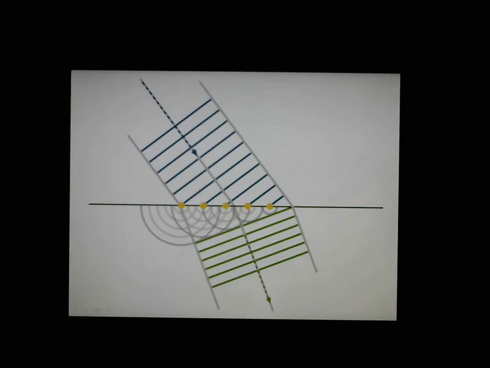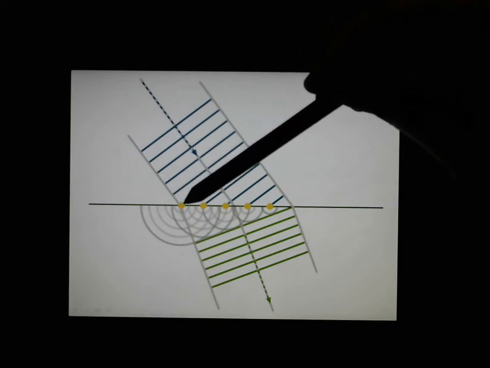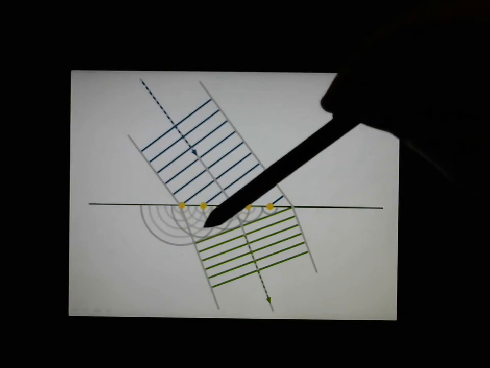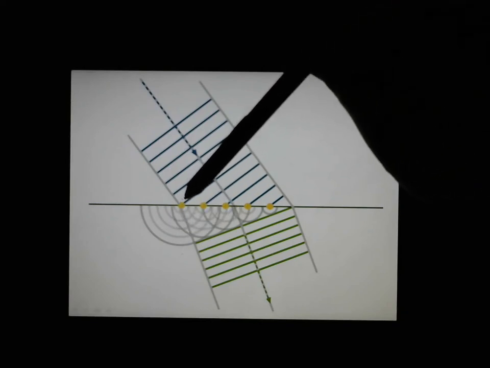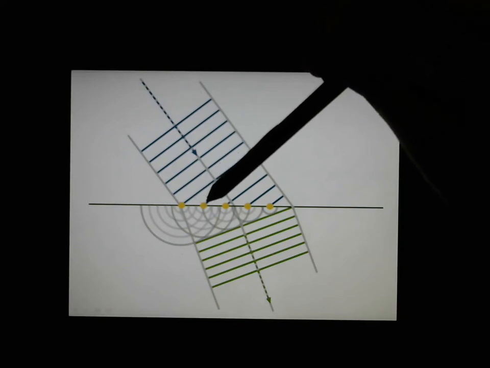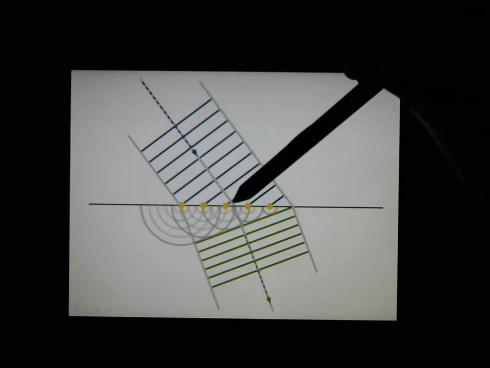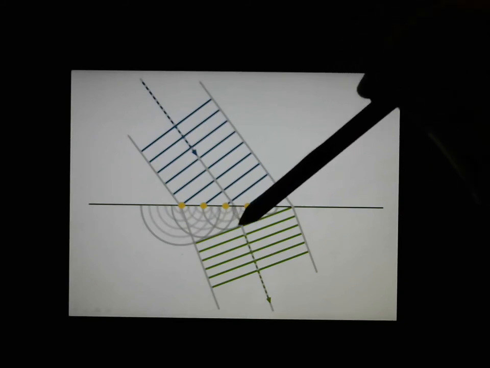So if we look at this, here we have a set of waves coming in, but this edge of the wave hits the boundary first. Now Huygens' principle says, okay, wherever there is a wave, it's creating circular wavelets. Now that part there, and then it continues to travel down, and this next step hits here, and so it starts to create circular wavelets, continues to travel down, hits here, circular, circular.